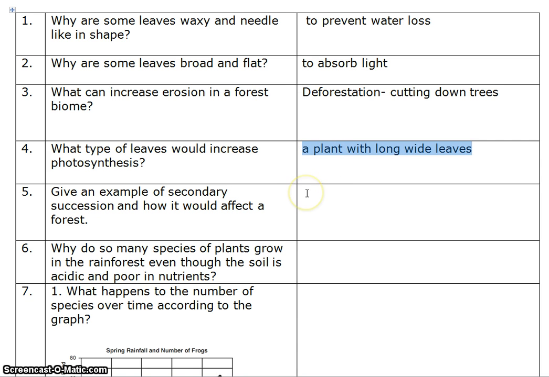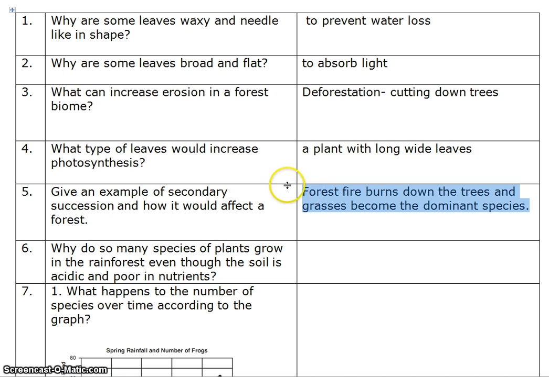Number 5, give an example of secondary succession and how it would affect a forest. Remember, secondary is when the forest has already had a climax community and then something happens to it, some kind of natural disaster, and it has to start over, but it still has dirt. So let's take a look at what we have here.